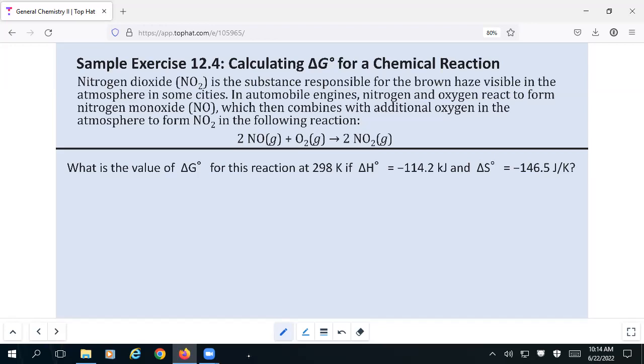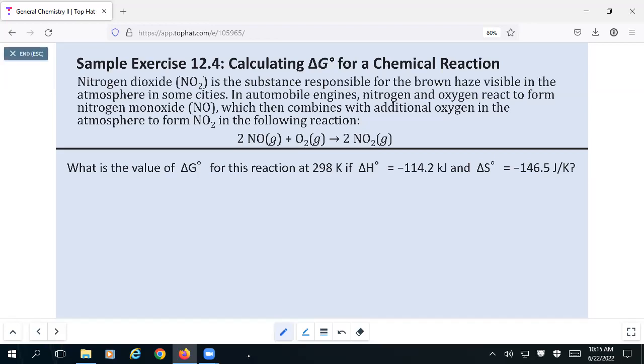What is the value for the standard free energy change at 298 Kelvin if the standard enthalpy of reaction is negative 114.2 kilojoules and the standard entropy of reaction is negative 146.5 joules per Kelvin?